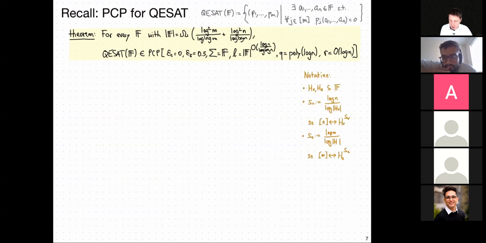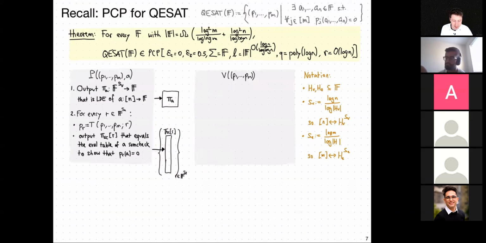The construction was pretty simple. It also relied on H_V and H_E, two domains associated to variables and equations that imply a corresponding number of dimensions, S_V and S_E, so that you can identify the integers 1 through n and the integers 1 through m, respectively, with H_V^{S_V} and H_E^{S_E}.